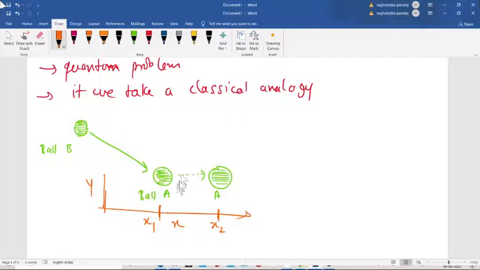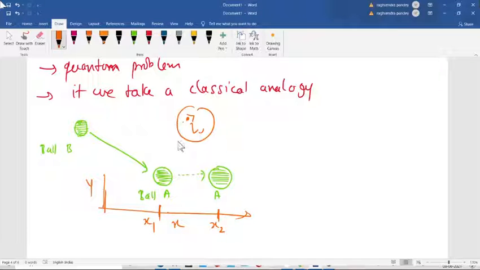Now suppose this is your observer. He can only see the ball A when ball B strikes it. But when ball B strikes, ball A will change its position to here.